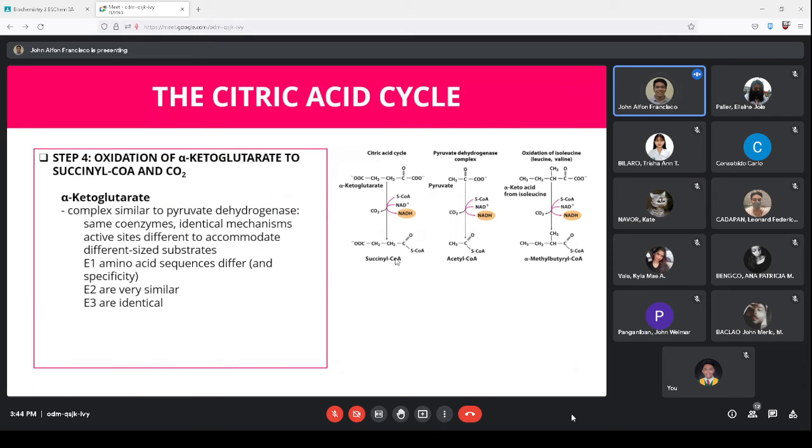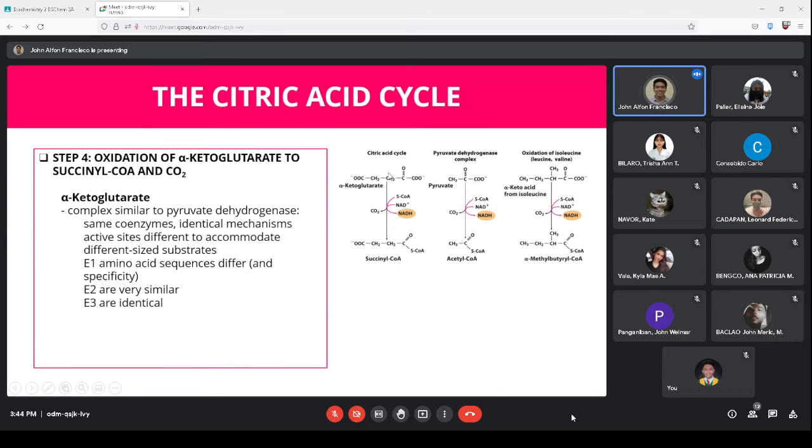Ayan. So sa alpha-ketoglutarate, it is a complex similar to pyruvate dehydrogenase. Yung pyruvate, ang kulang. This is supposedly ketoglutarate dehydrogenase. So it behaves the same with the pyruvate dehydrogenase, with the same components and same mechanism. Yan, ito yung example niya.